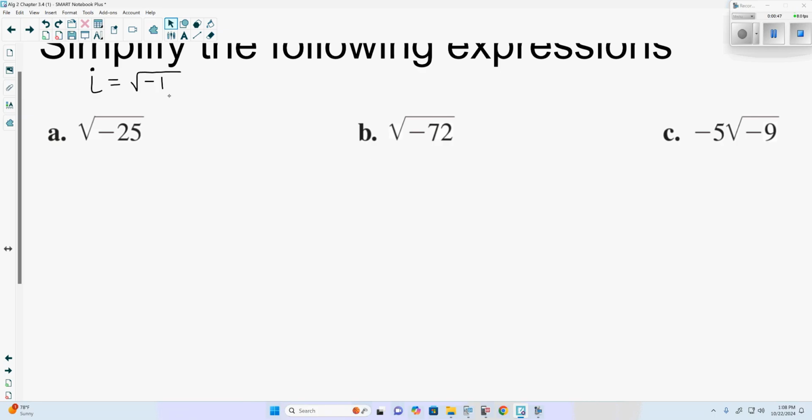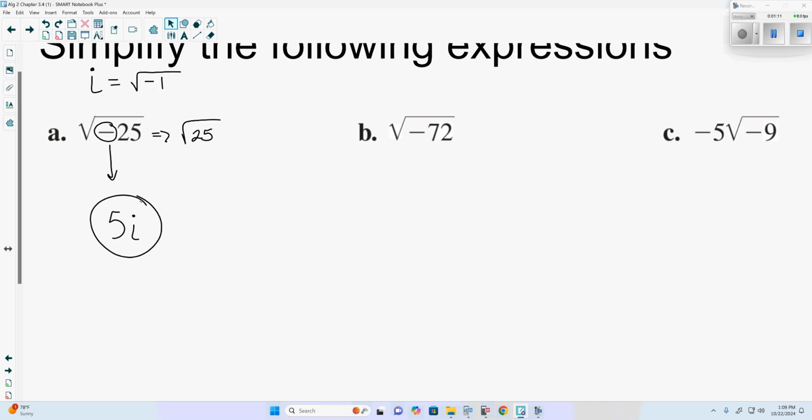And when solving and simplifying these, we realized that whenever we have that negative inside the radical, inside that square root, when simplifying, it will come out as i, leaving us with the square root of 25. Now the square root of 25 is 5, giving us 5i, and that worked out nicely.